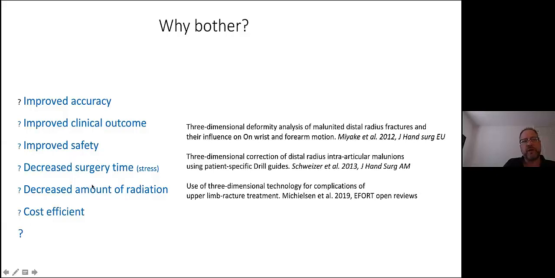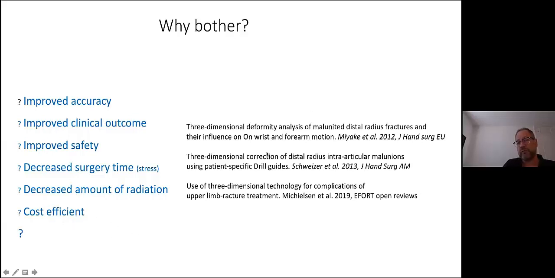Decreased surgery time: you don't have to X-ray all the time because you have already planned everything meticulously, and it's a straightforward procedure instead of improvising and trying different positions in the surgery. You have already tried the different positions in the computer. Cost efficiency is another thing.